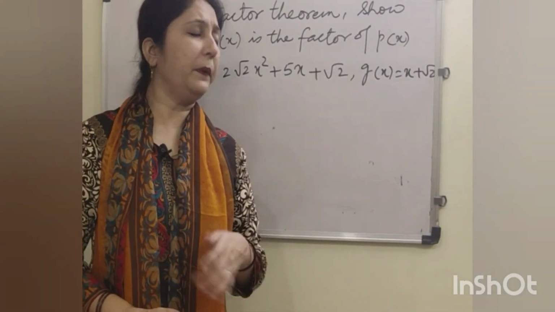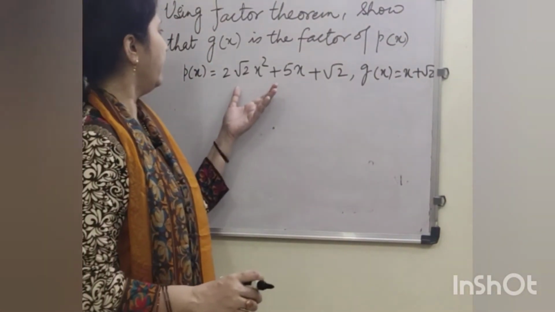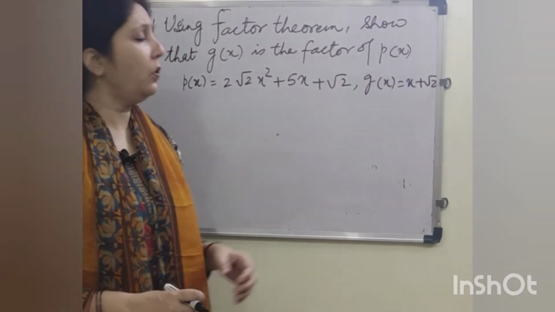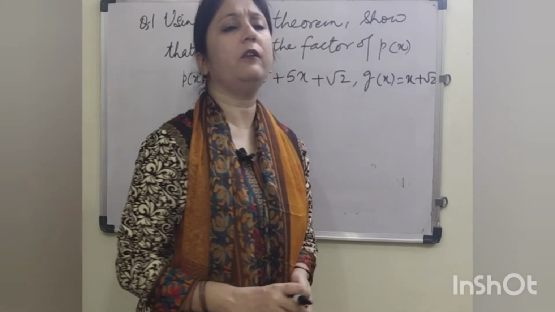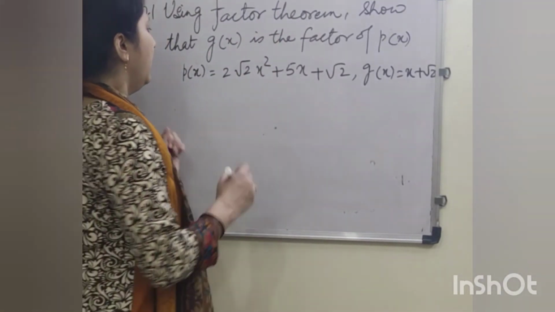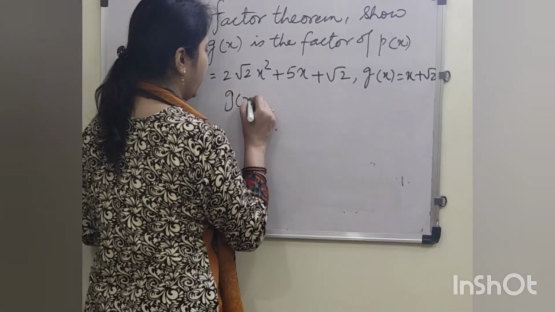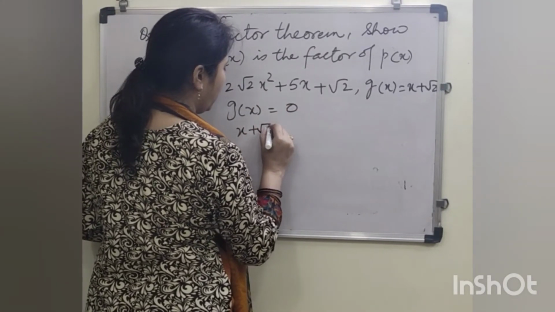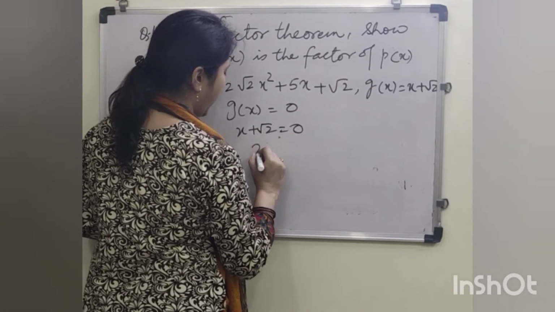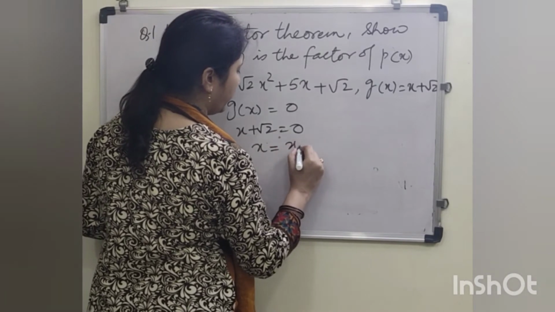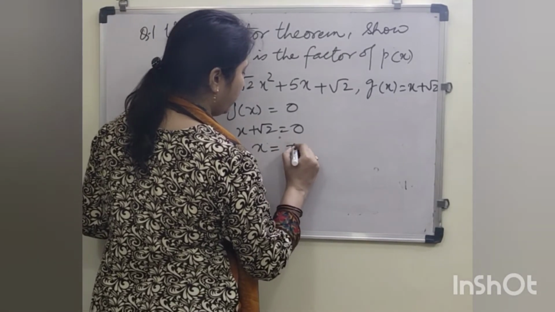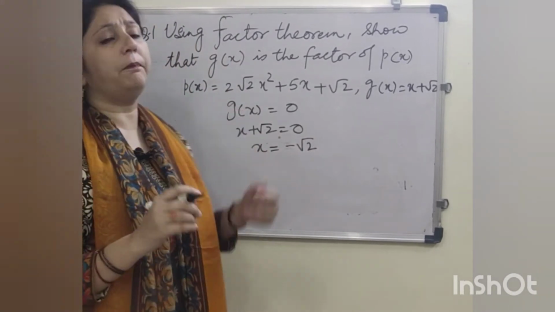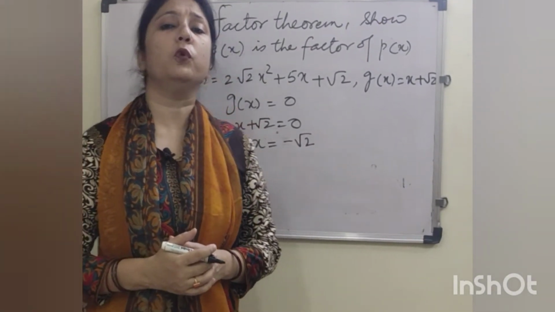Now another question where your p(x) is 2 root 2 x square plus 5x plus root 2 and your g(x) is x plus root 2. Let's take g(x) is equal to 0. That means x plus root 2 is equal to 0, and we obtain x is equal to minus root 2. Now we will find the value of p of minus root 2.